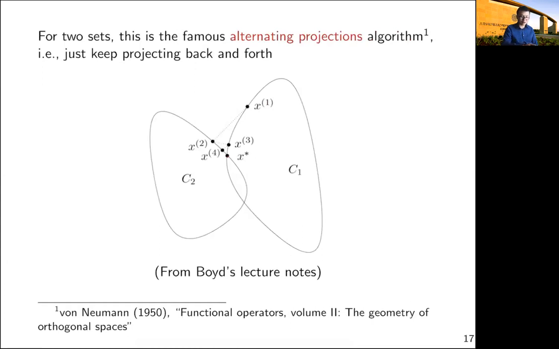Examples include not just this alternating projection for finding a feasible solution in the intersection of convex sets, but also things like non-negative matrix factorization, and things we've seen before, like AdaBoost.